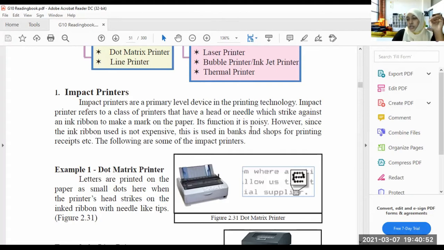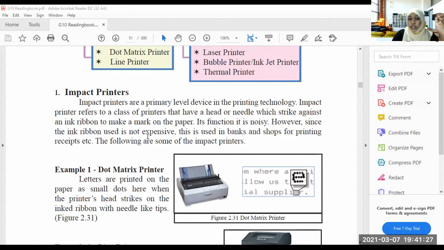Its function is too noisy. Okay, there is a noise coming when it prints. However, since the ink ribbon used is not expensive, this is used in banks and shops for printing receipts, etc. The following are some of the impact printers. Impact printers are not expensive actually because the ribbon is not expensive.